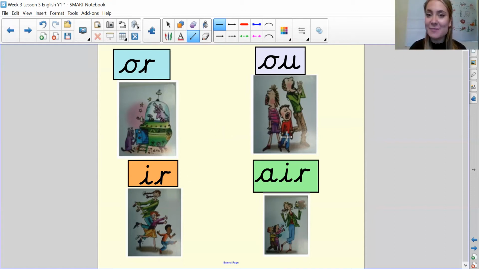Let's have a look up here. Now this one we might not know yet. So ow for shout it out. So we say ow, ow. Good. You see they're shouting, aren't they? And this one here in the green box we have got air, air. You know this one, but that's not fair. Good.